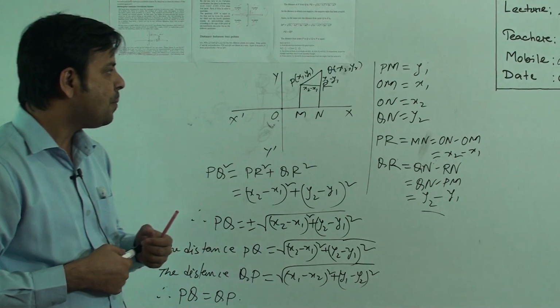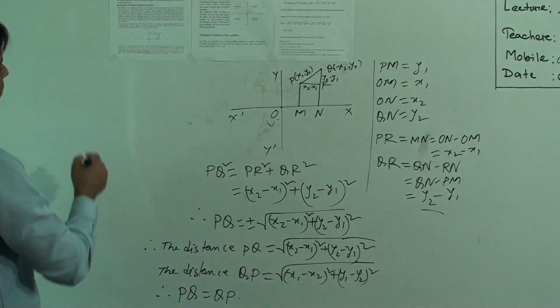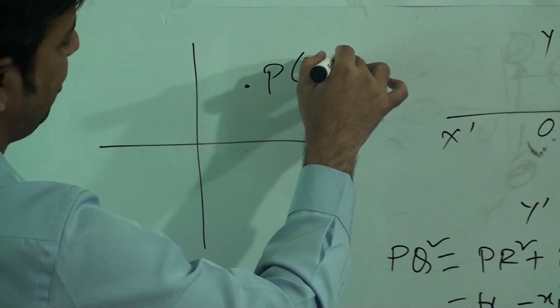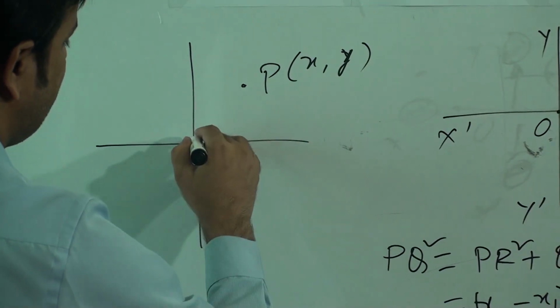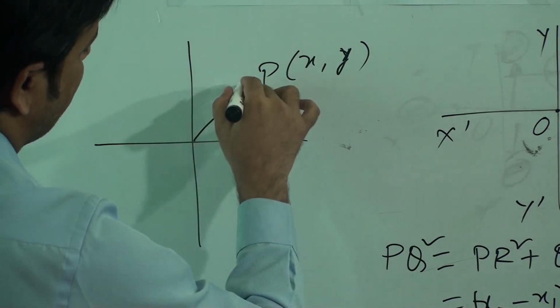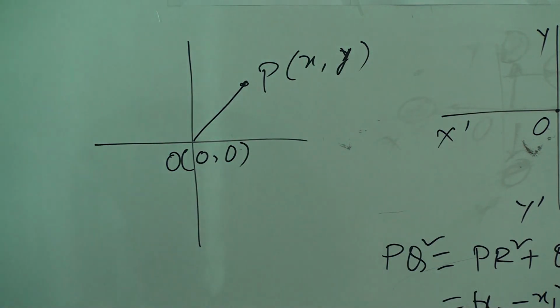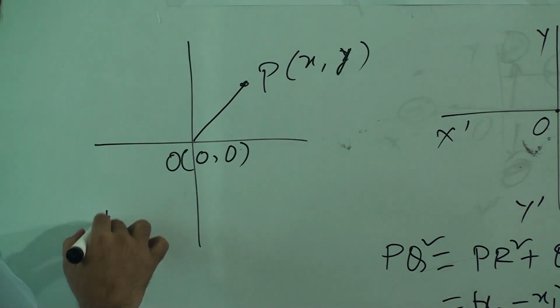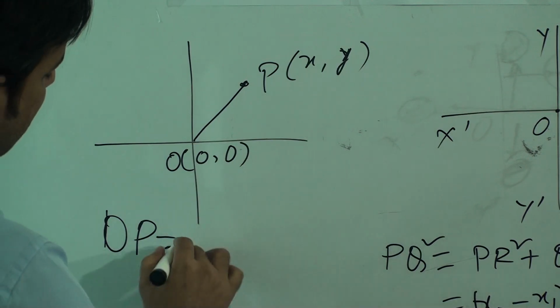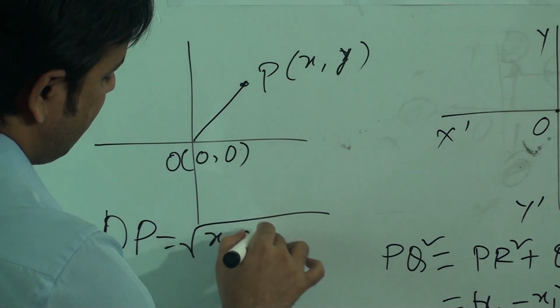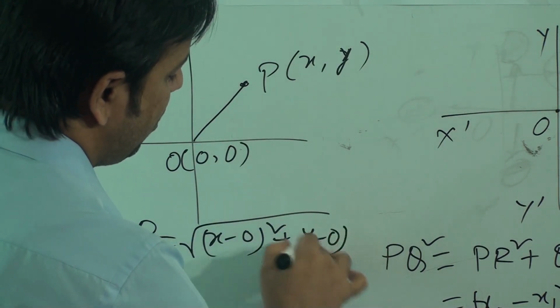Dear students, now if we consider any point and the origin, suppose P is a point here, and the coordinate of P is (x, y). Now determine the distance of the point from the origin. Origin means O. Here both the x and y coordinates are 0 at the origin. So the distance OP will be equal to the square root, we have to put 0, it means x minus 0 whole square plus y minus 0 whole square.